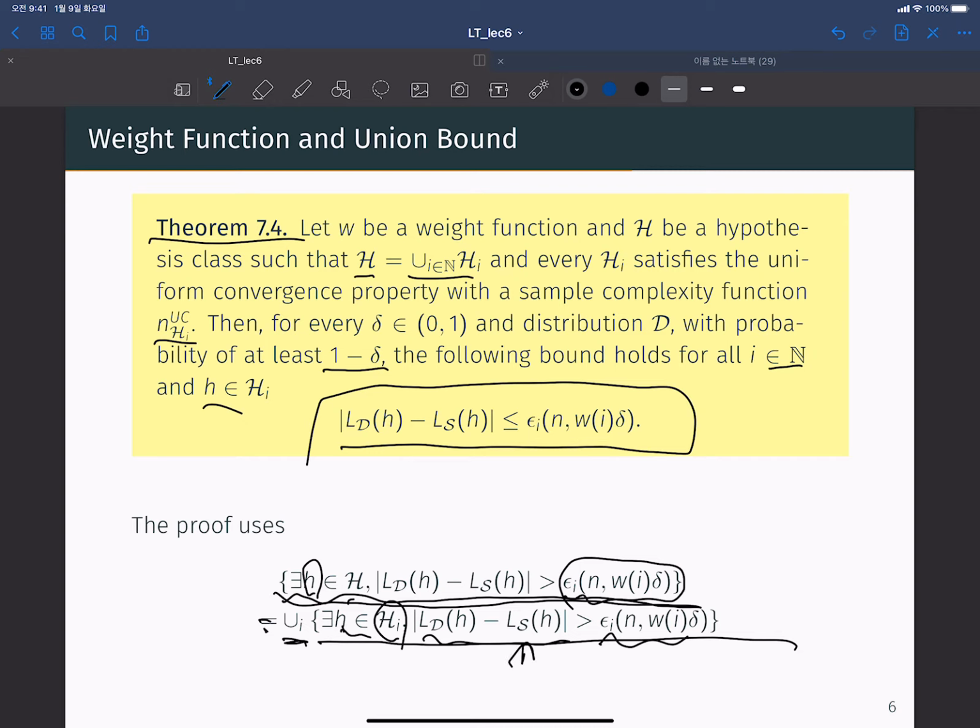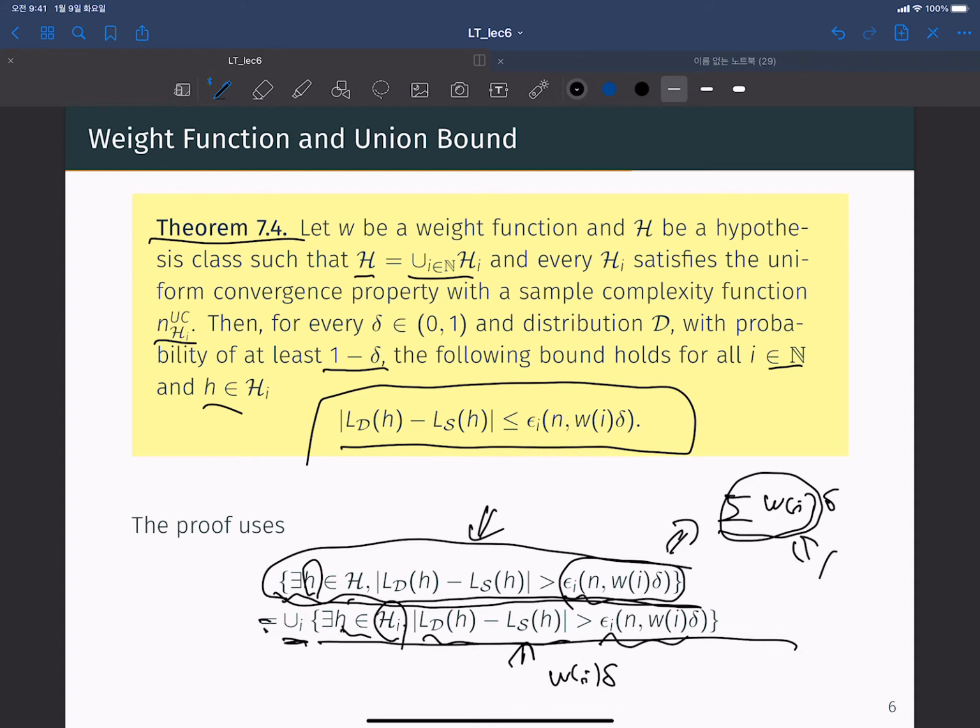Since each event's probability is upper bounded by w_i delta, from the union bound the probability of this event is upper bounded by the summation over w_i delta. We also know that this value is upper bounded by 1. So this event's probability is upper bounded by delta. So with probability 1 minus delta, we can say this for all i and h.